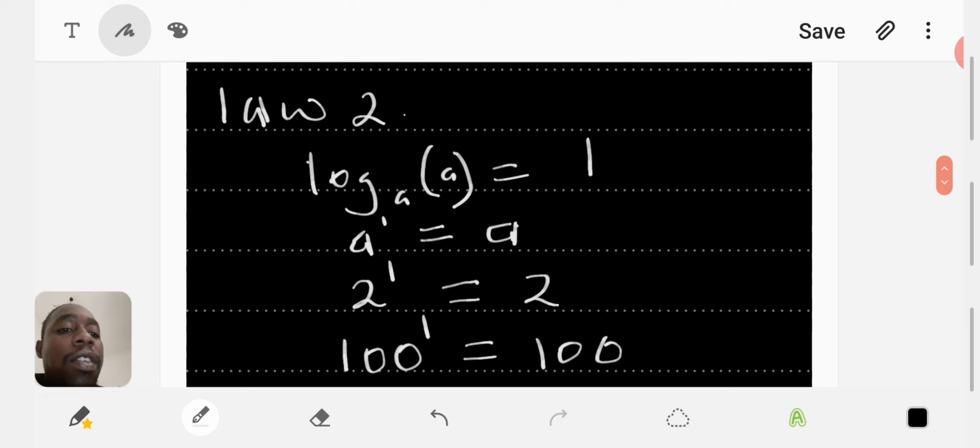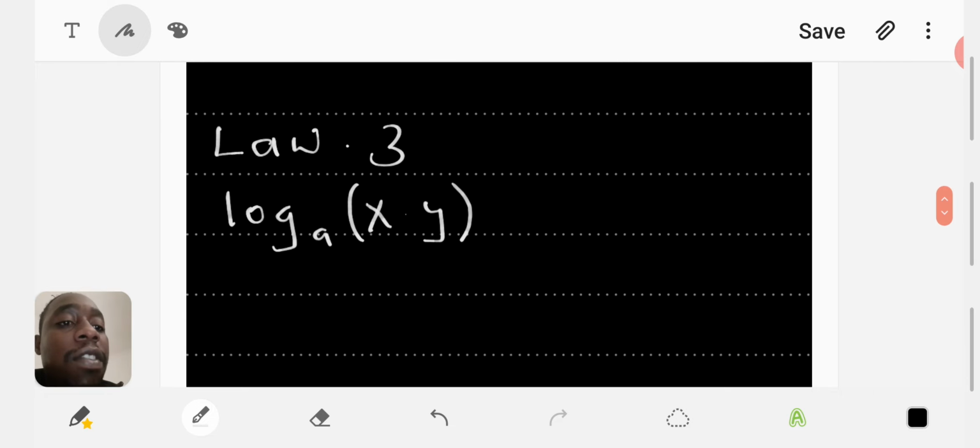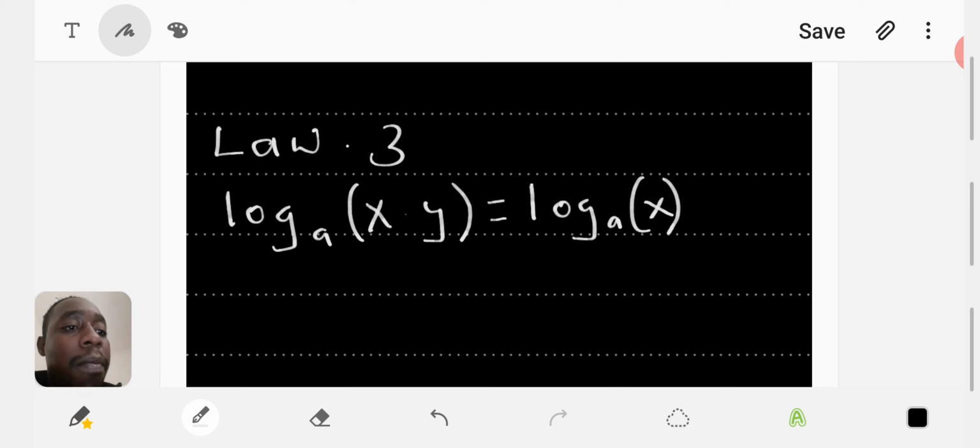Thus, of course, this is equal to log to the base of a of x plus log to the base of a of y. That's simply what it says and what it is.